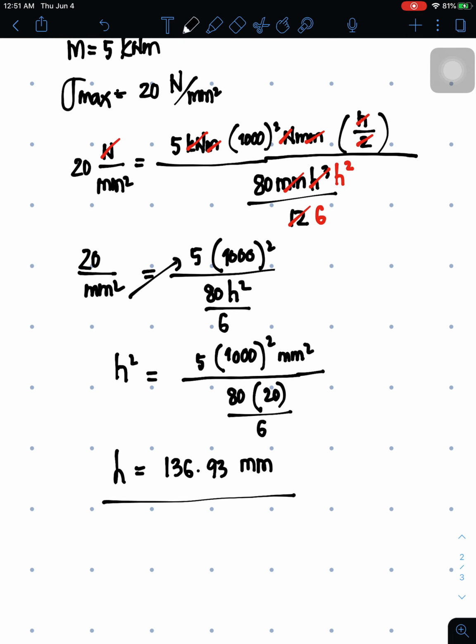It's 20 times 5 times 1000 squared times 6, divided by 80.